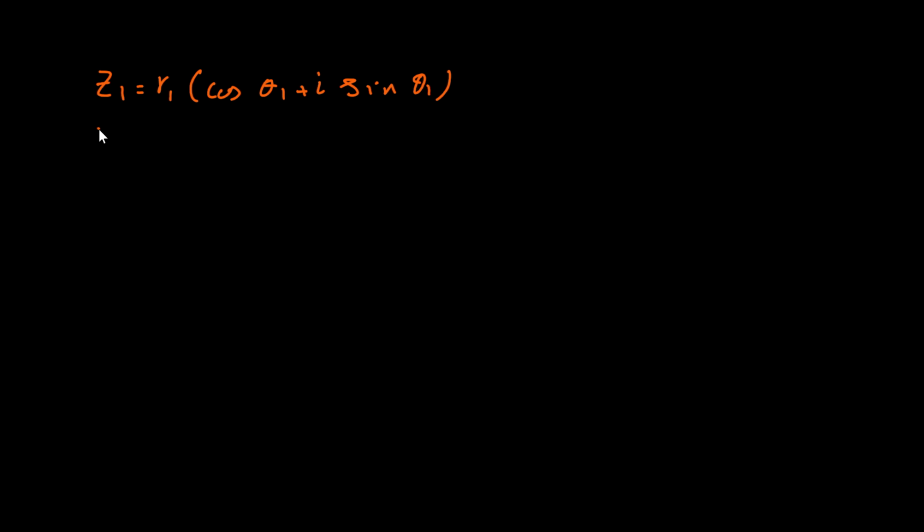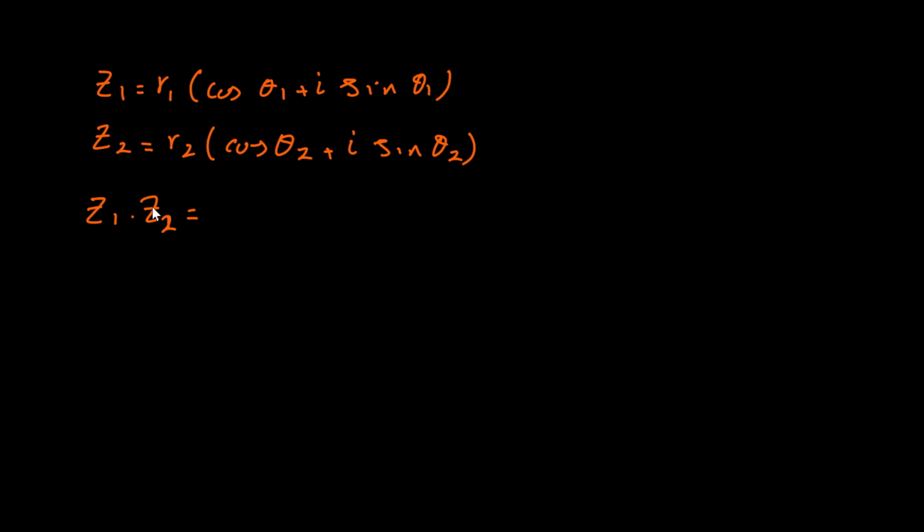Then we have a second polar form, Z2, equal to R2 cosine of theta 2 plus i sine of theta 2. And we want to multiply Z1 by Z2.